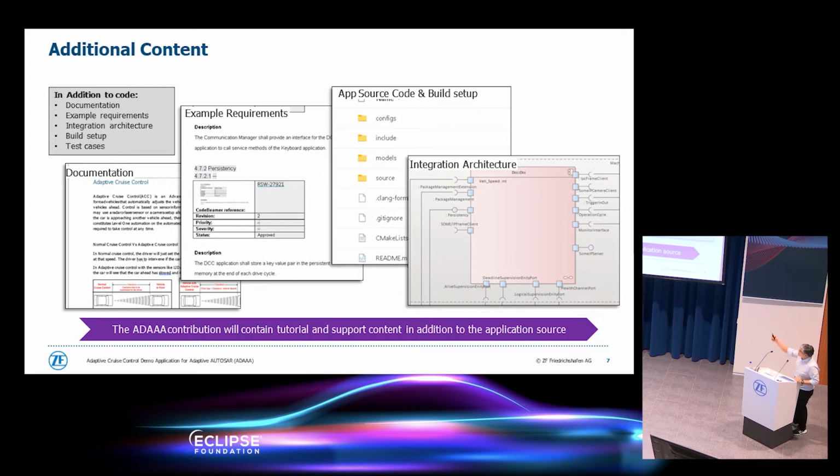And as it is listed there are things like documentation, example requirements, integration architecture, build setup, and test cases included. And so it's considered to be a full package, as one would expect it when you are new to the methodology.